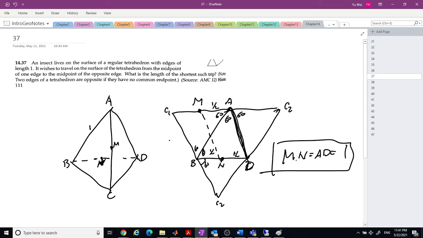This is the shortest path if you travel along the surface, and we travel through this point, which is the midpoint. This is the shortest path.